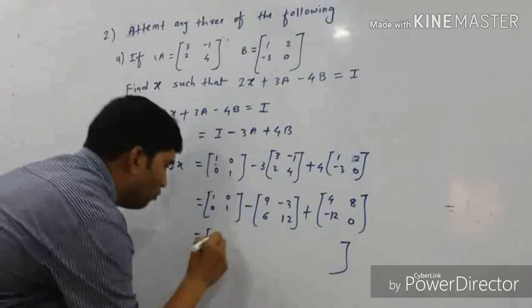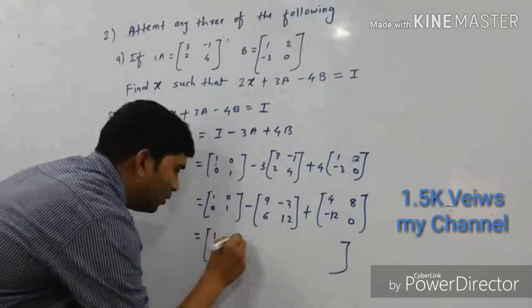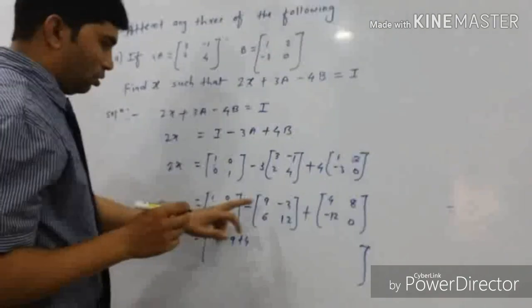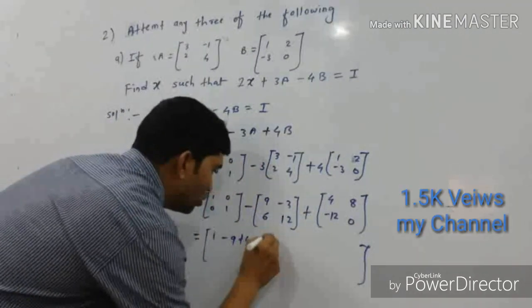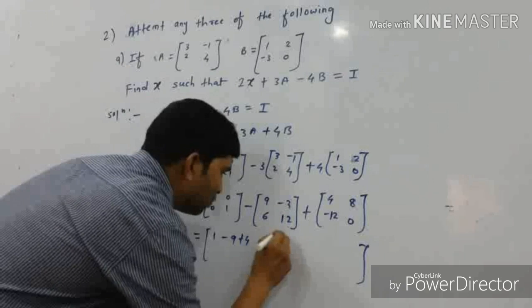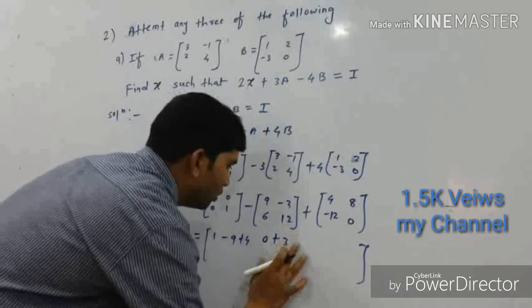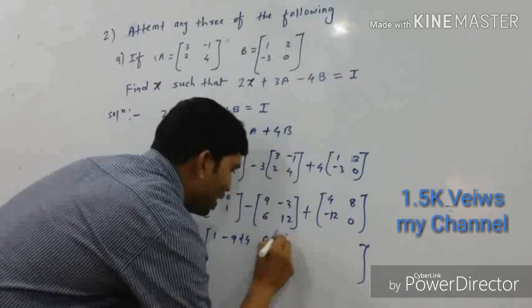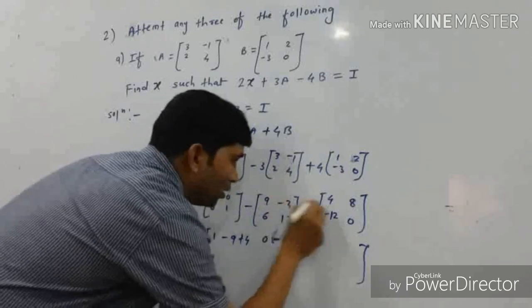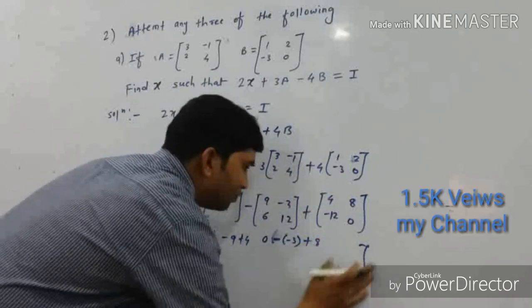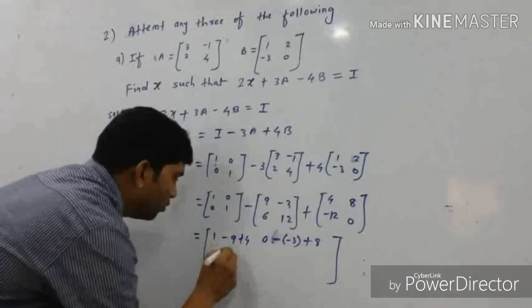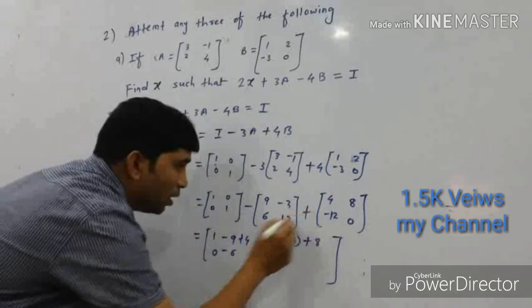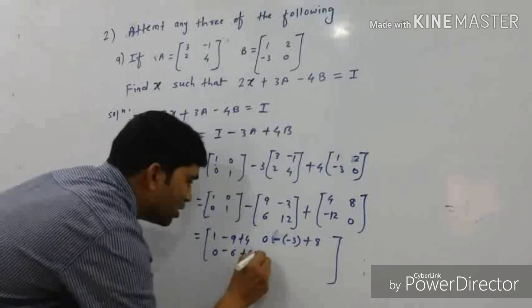One at a time. 1 minus 9 plus 4. Next 0 minus minus 3 plus 3, then minus minus 3 and plus 8. Now 0 minus 6 and plus minus 12.